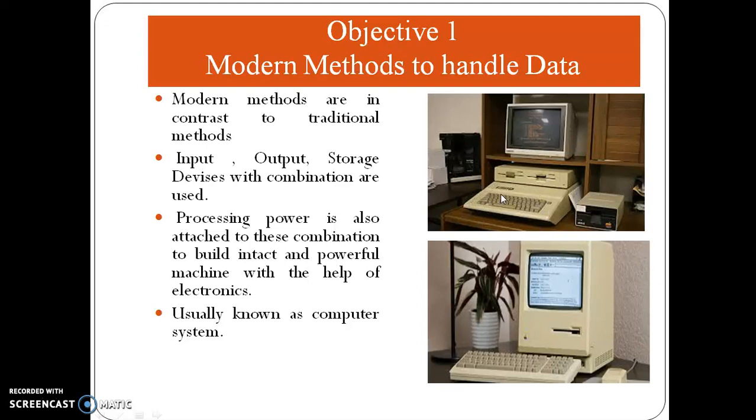And whatever data we can see on this screen will be stored somewhere in this particular computer system. So it is a combination of output, storage and input devices. And all these devices are made up of electronic components.